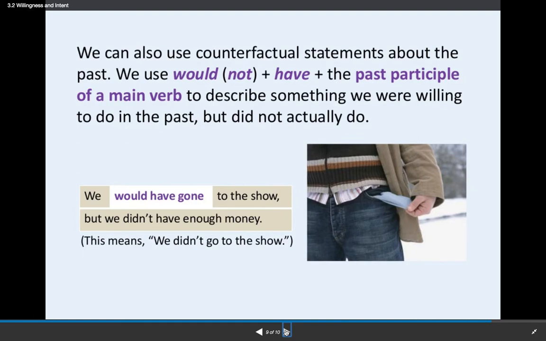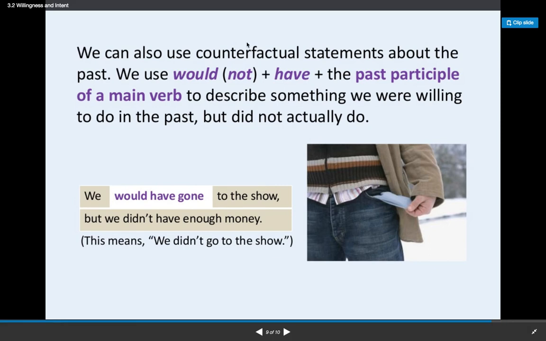Section C. Okay, now we're getting into past use of would have, and then the past participle. And this is used to make counterfactual statements about the past.